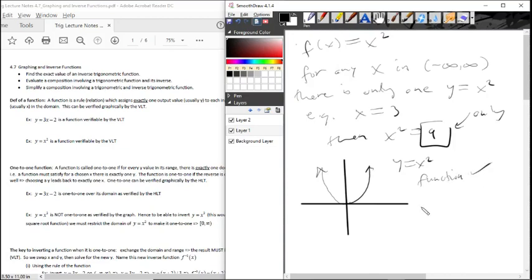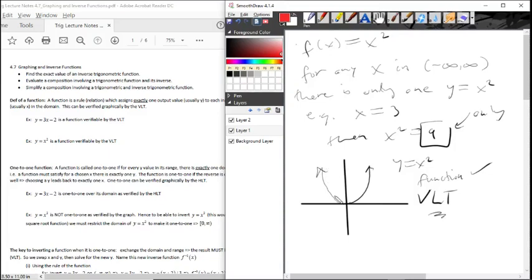is by use of what's called the vertical line test. The vertical line test is based off of the definition of what makes something a function. That is, that we can choose any value in the domain. In fact, we want to do this for every value in the domain and verify that it only intersects the graph at one point.